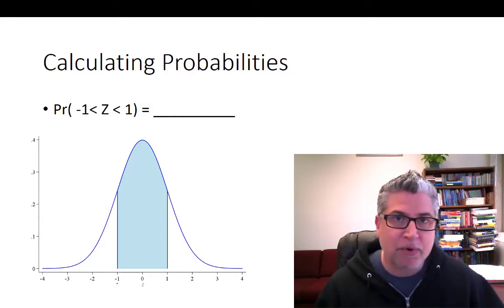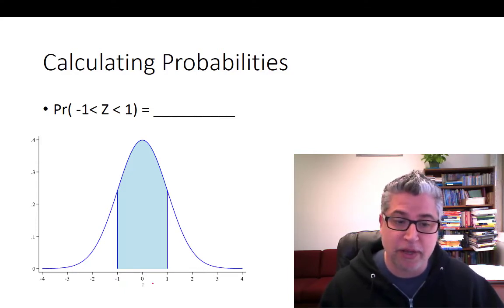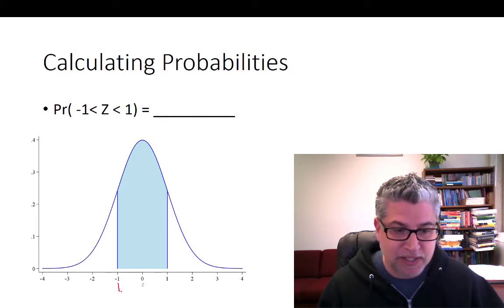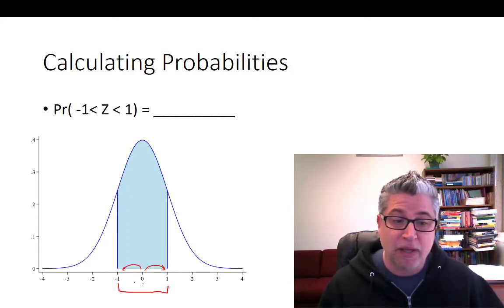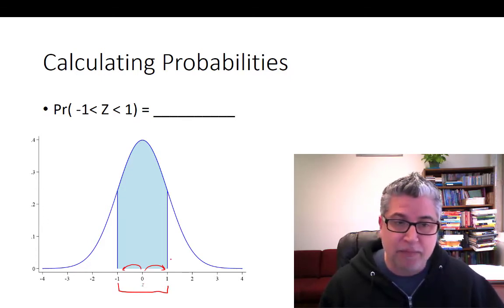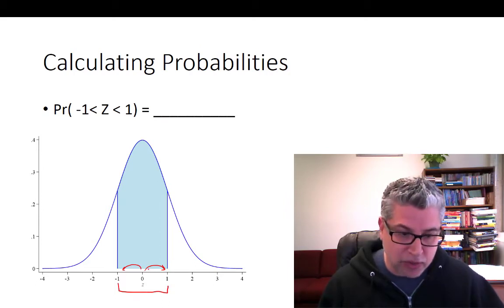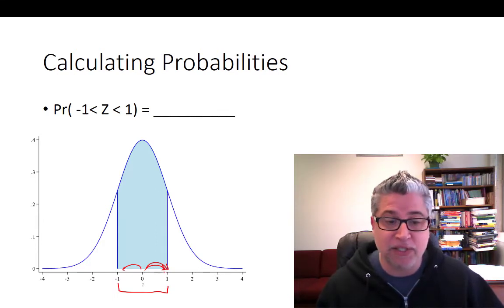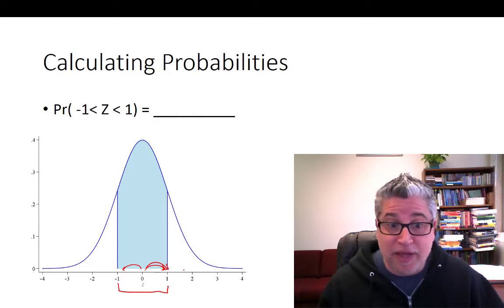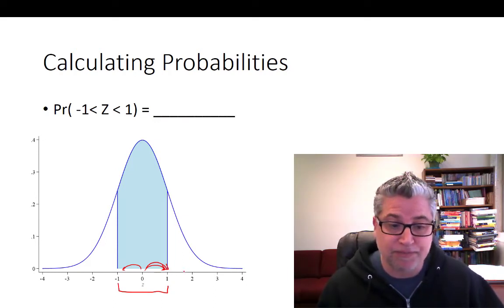Now, you might remember that there's an empirical rule concerning normal distributions, bell-shaped curves, which basically says that 68% of observations happen plus or minus 1 standard deviation from the mean.